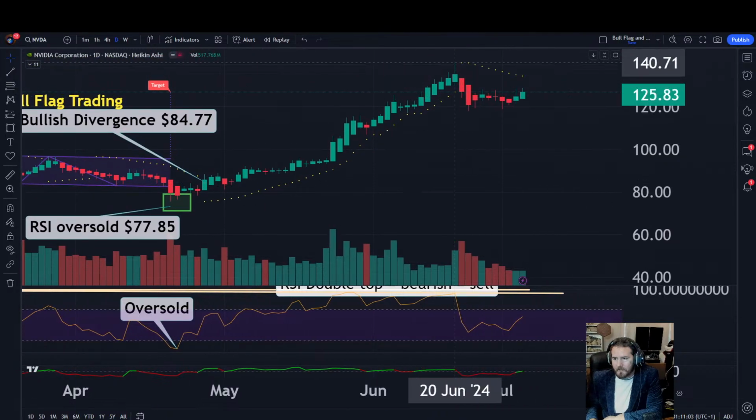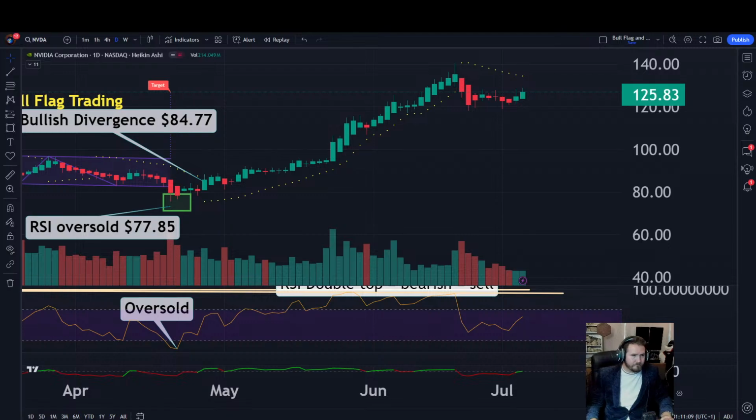So this was the peak of the earnings, and I had the earnings date here. I'm going to pop it up in the Discord real quick. You can type Nvidia or NVDA in the Discord search as well.